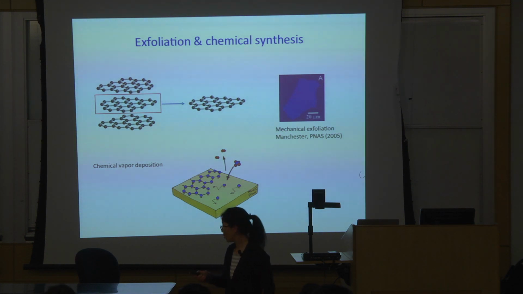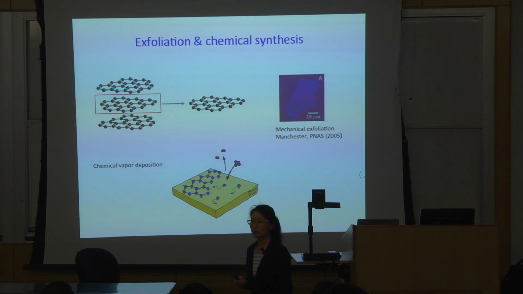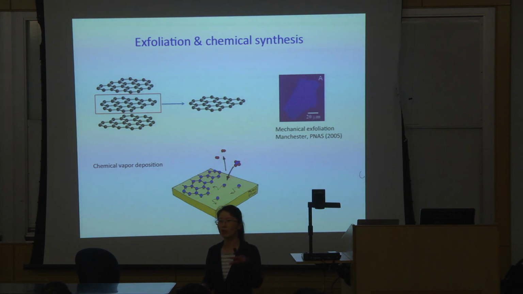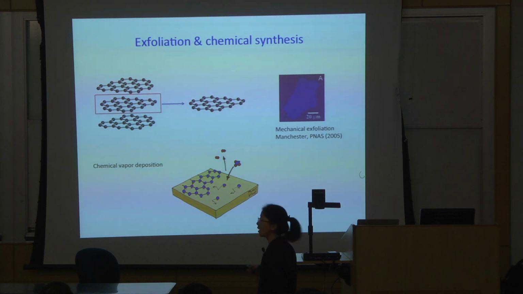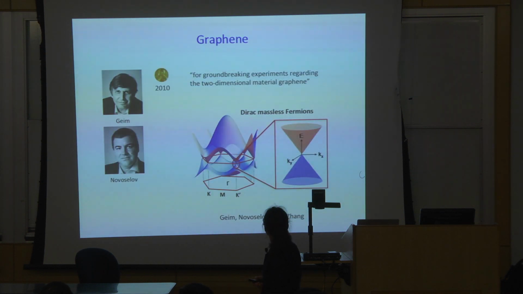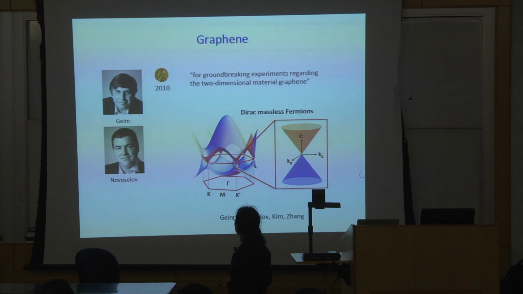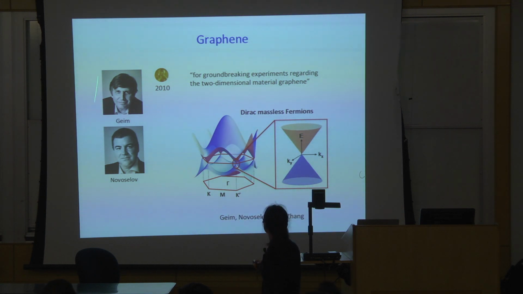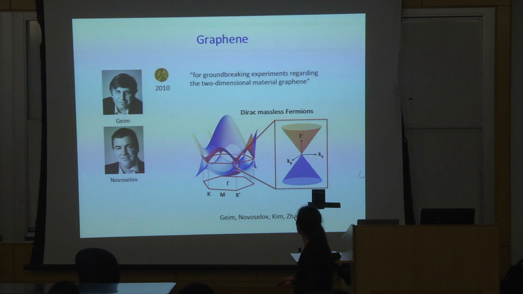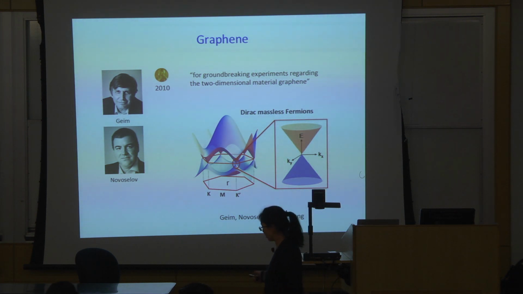And because of the saturated bonding of this monolayer, you can also come up with a lot of chemical methods to grow those materials. So here shows chemical vapor deposition of a monolayer of graphene on a metallic substrate. So graphene is very unique, and the story has already been shown by those two gentlemen, and they got the Nobel Prize for their groundbreaking experiments regarding the 2D material graphene.